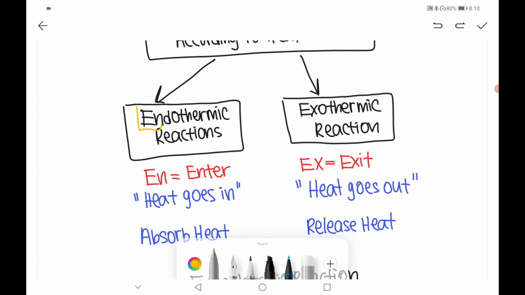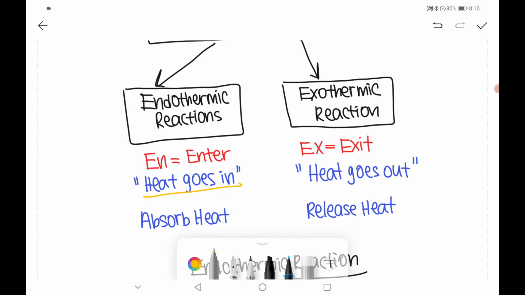Look at the word endo, en. The word en is the same as enter. So in an endothermic reaction, the heat enters, the heat goes in, which means it absorbs heat. Any chemical reaction that absorbs heat, we call it an endothermic reaction.